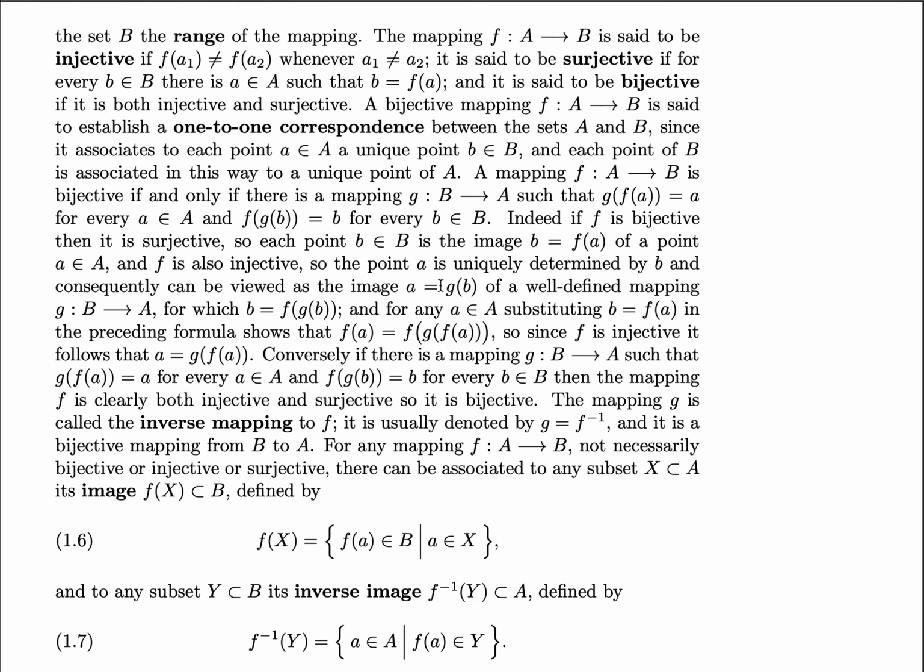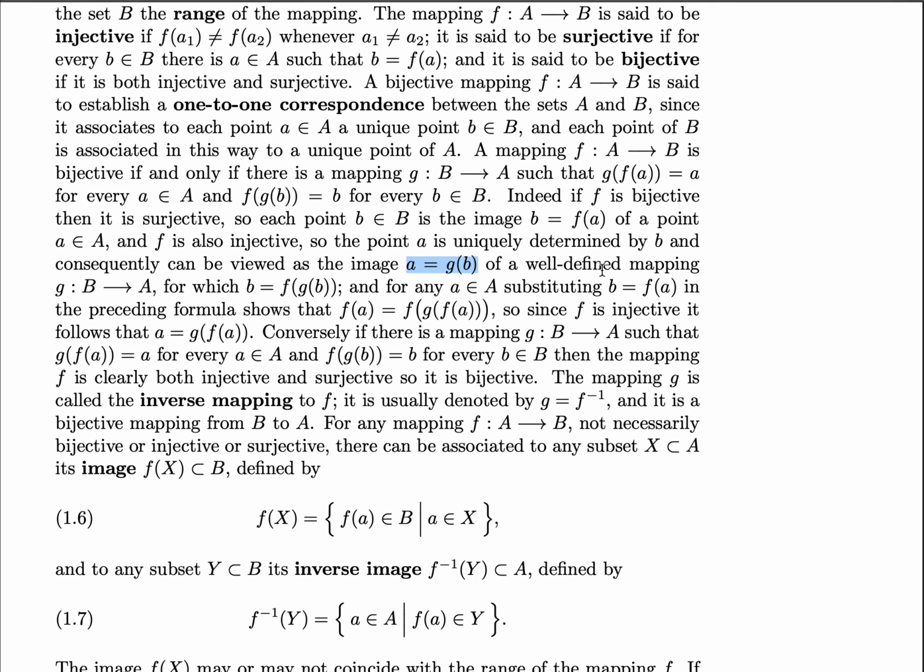That is, this mapping g is one that says we have, by definition, found points a and b that are matched together, so g is the one that associates a with the point b in this way.